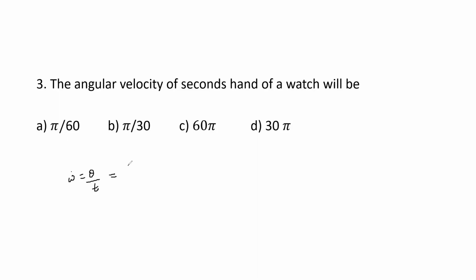For the second hand, a complete revolution is 2 pi divided by 60, which becomes pi divided by 30 radian per second. So option B is the right option here.